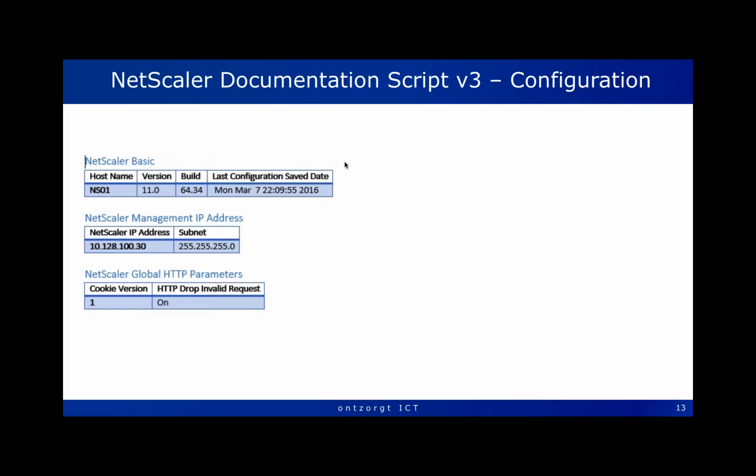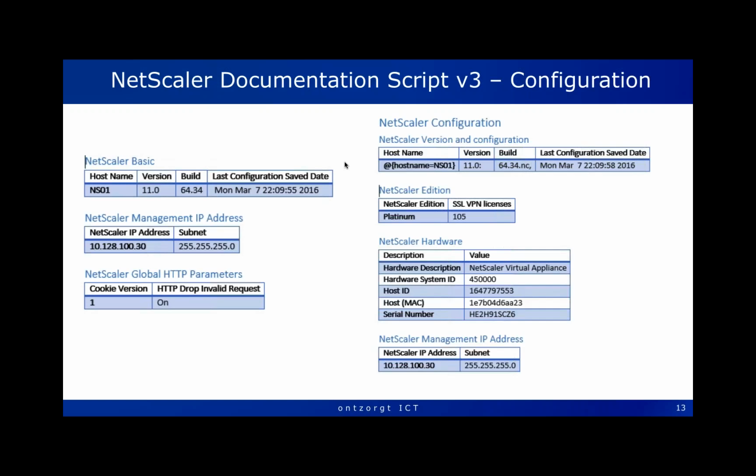Now, if you look at the same documentation in the v3 script, we can report on a lot more information. We still have the host name there, and we can also now report on the NetScaler edition. So we now know it's a Platinum edition. We also know the number of SSL VPN licenses, and we also get back the NetScaler hardware information. This is a virtual appliance which will always report the 450 and the rest like this.